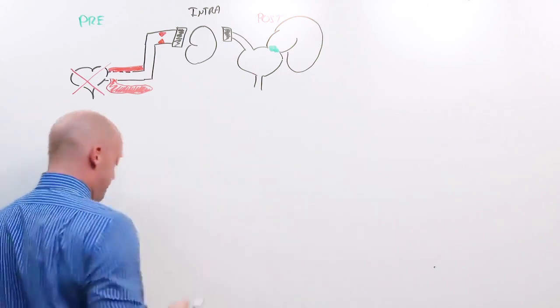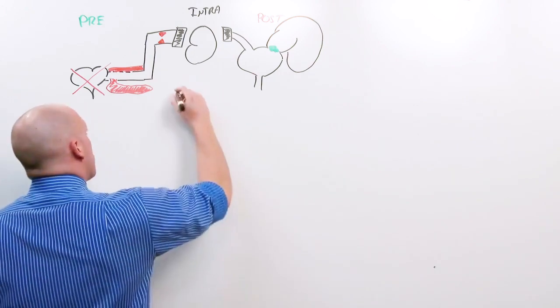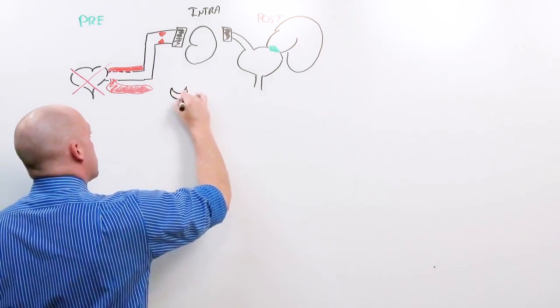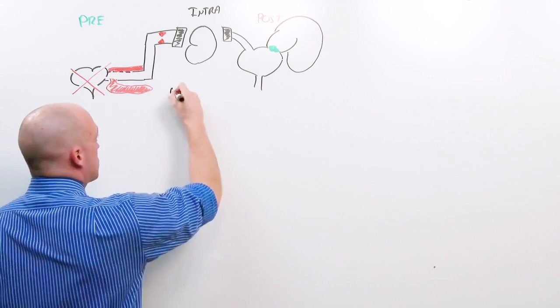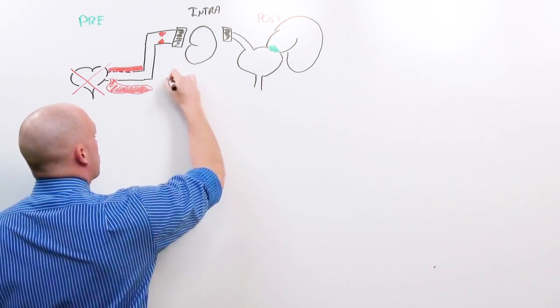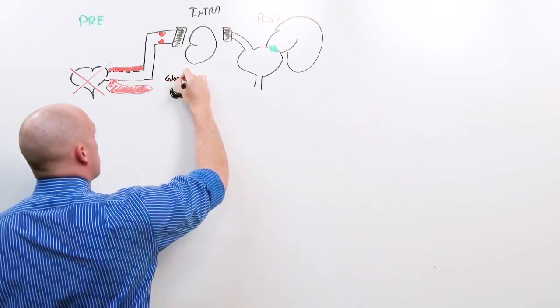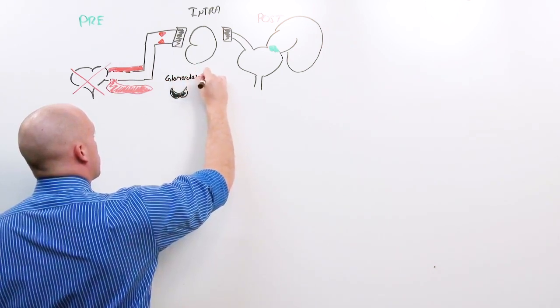And then intrarenal. When you talk about intrarenal, you have to look at the nephron, and it's divided into three parts. First is the glomerulus, glomerulonephritis.